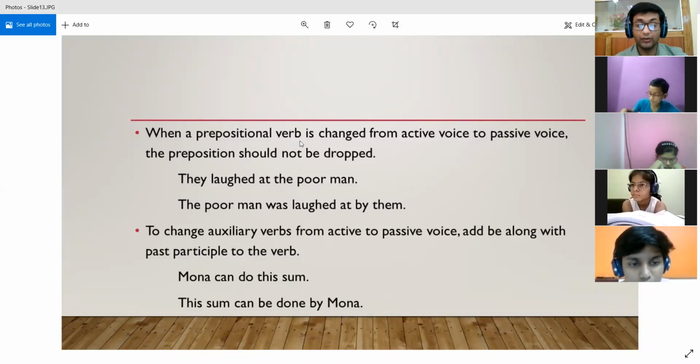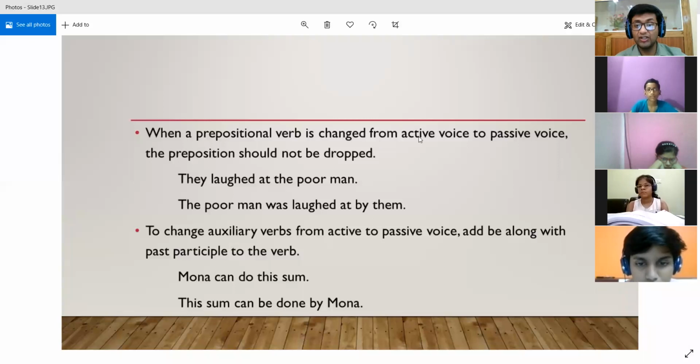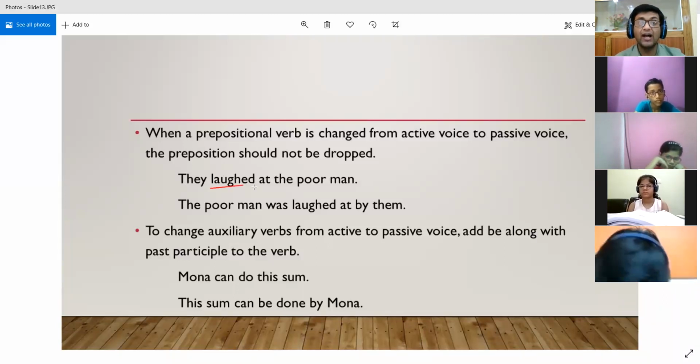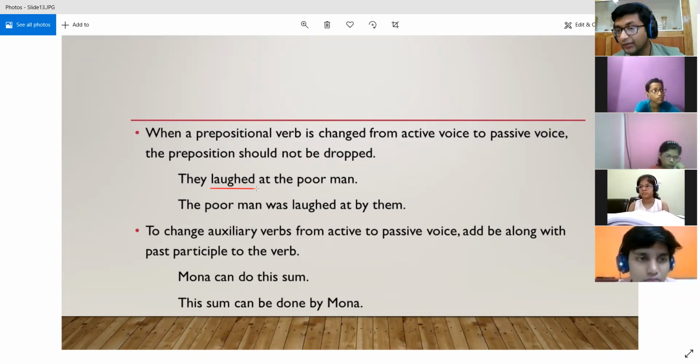Now, another rule. When a prepositional verb is changed from an active voice to passive voice, the preposition should not be dropped. So now consider this sentence. They laughed at the poor man. So if I write just they laughed, it will become a complete sentence in itself, right?